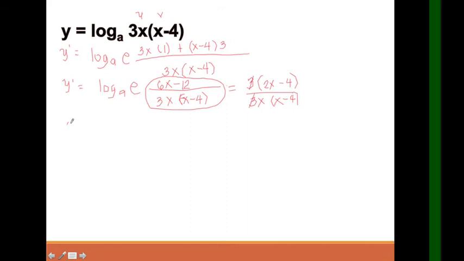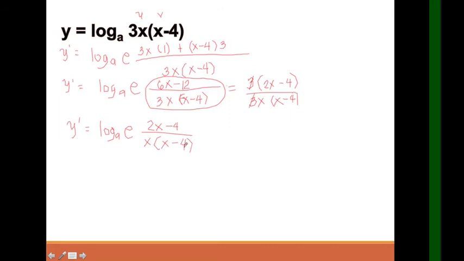So, our final answer here is, susulit na natin sila, logarithmic of base a, e, vinculum 2x minus 4, then x quantity x minus 4. Ayan.